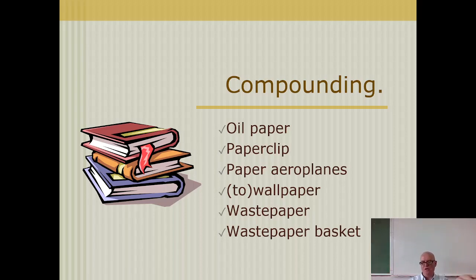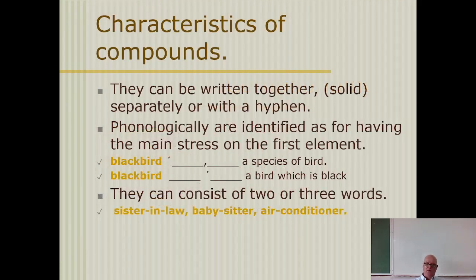We have oil and paper. We have paper and we have a clip. We have a paper and we have aeroplanes, right? And so on. Waste paper basket. Ooh, characteristics of compounds.